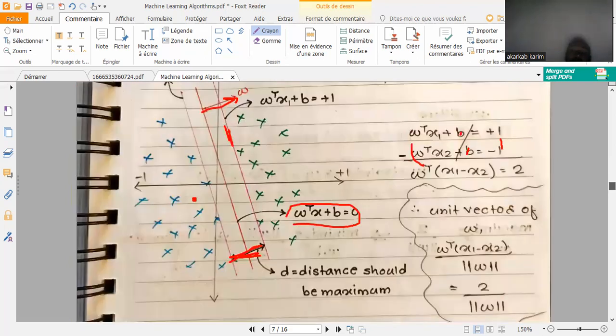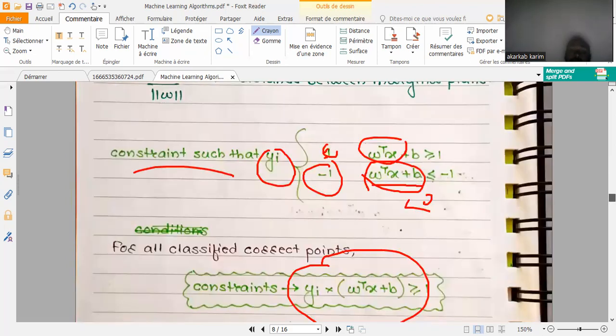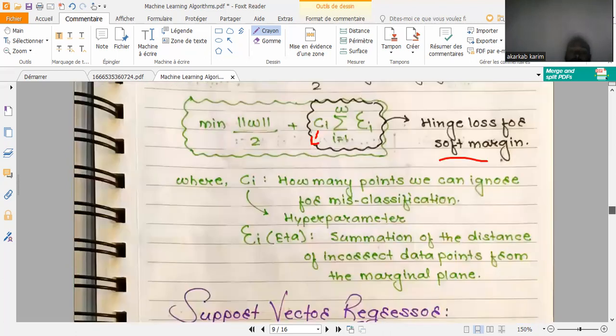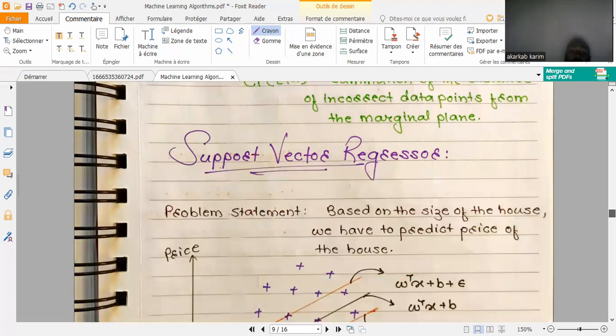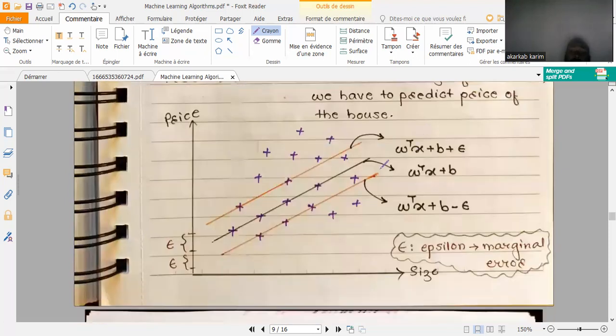Well, if we continue, we have C and we have the eta, the summation of the error values. Now for support vector regression, we have the same things.